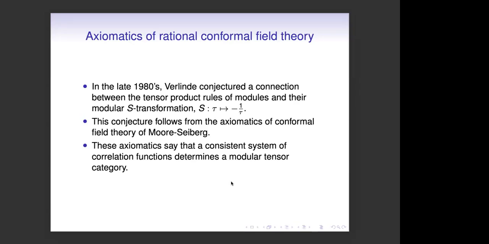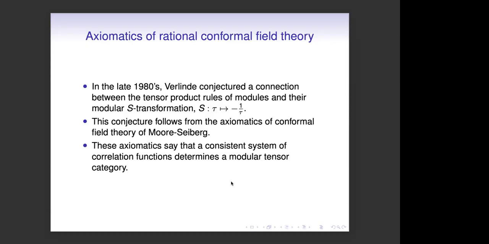A little later, Moore and Seiberg were much more conceptual about it and came up with a system of consistency conditions for correlation functions of conformal field theory on Riemann surfaces, which are now known as Moore-Seiberg data, and translating that led to the notion of modular tensor category.